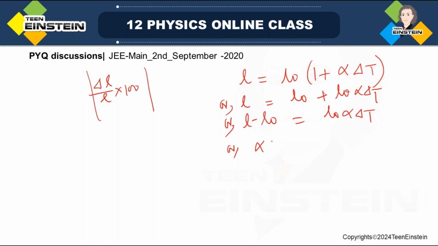Then L0 into alpha delta T. Now alpha into delta T, this I can write as delta L by L0. So delta L by L0 is equal to alpha into delta T. So if you multiply by 100, then it is fine, you'll get 100 over here.